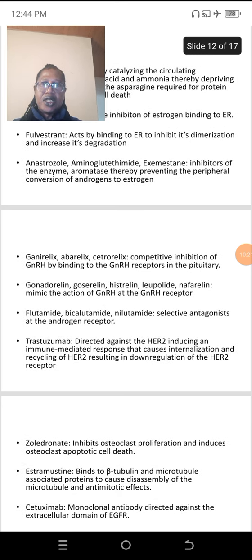Trastuzumab is directed against the human epidermal growth factor receptor 2, thereby inducing an immune-mediated response that causes internalization and recycling of HER2, resulting in downregulation of the HER2 receptor.